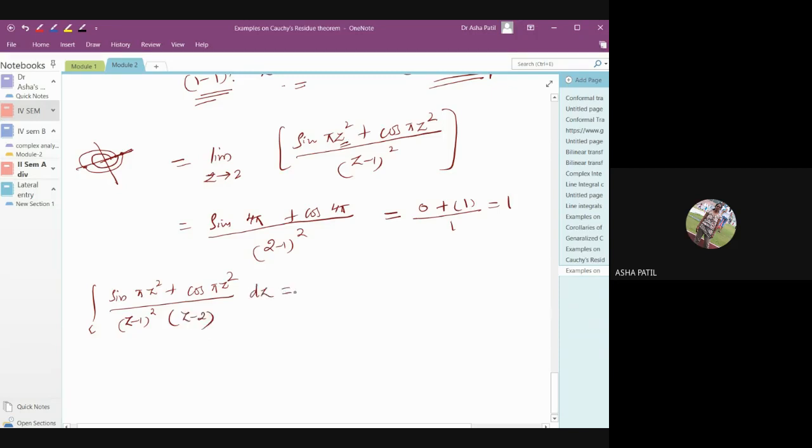So I'll write it as 2 pi i into summation of the residues. 2 pi i, what is it? Is it 2 pi plus 1? So 2 pi i, it is 2 pi plus 2. If at all you take 2 outside, 2 into 2 it becomes 4 pi i into pi plus 1. So that is your answer.